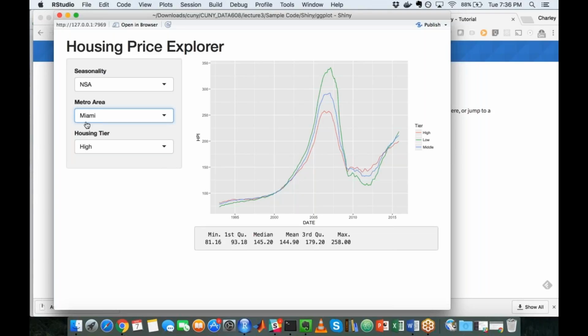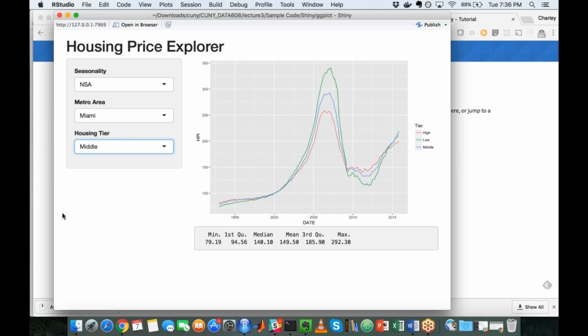So essentially you choose Miami, it'll give you, in this case, the housing prices for Miami. So does that broad architecture make sense? Cool.